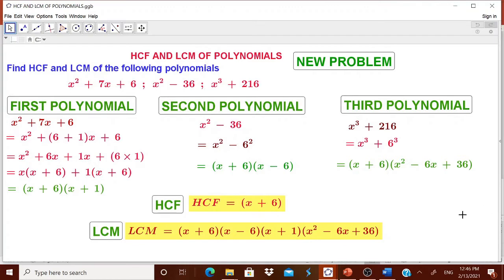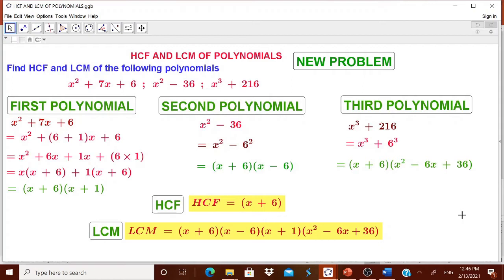This problem is restricted to having the coefficient of x square, x cube as 1, and the first one is being done by splitting the middle term. The second one is taken as x square minus something, and the third one is taken as x cube plus something. Therefore, we are having control over the values.